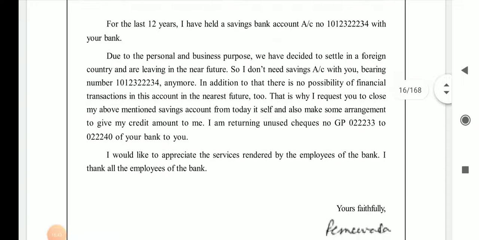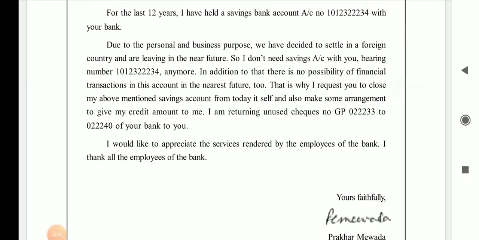Due to personal and business purposes, I have decided to settle in a foreign country and am leaving in the near future. That means the person has to go abroad, or you can say to foreign countries, because of some personal as well as business purpose they have to leave the country, and in the near future they will settle down over there.